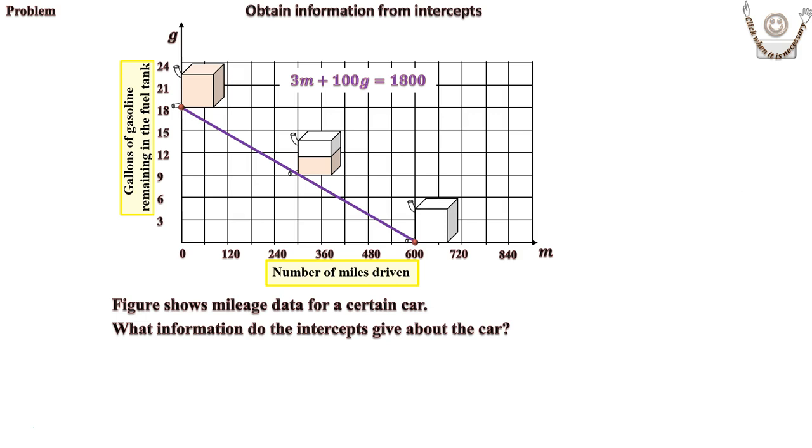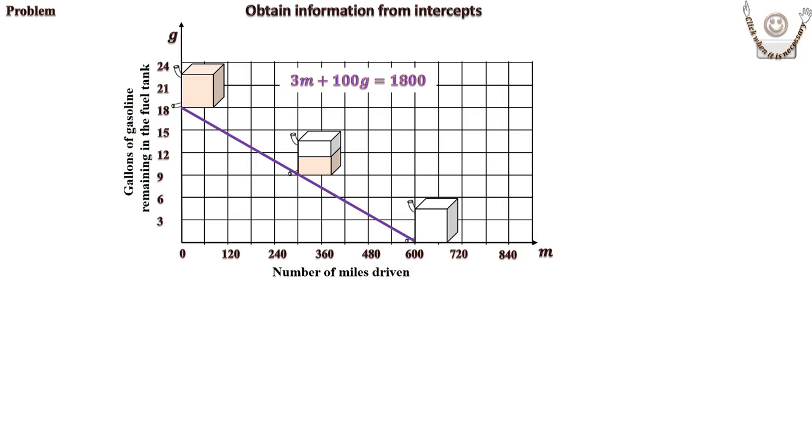Gallons of gasoline remaining in the fuel tank. Oh, this is a very familiar situation, because we first fill up the fuel tank in our car and then we start driving, the fuel is decreasing all the time, and finally our fuel tank will be empty.